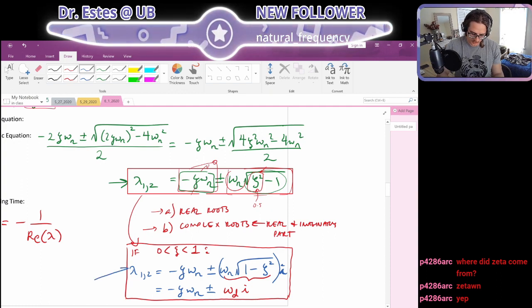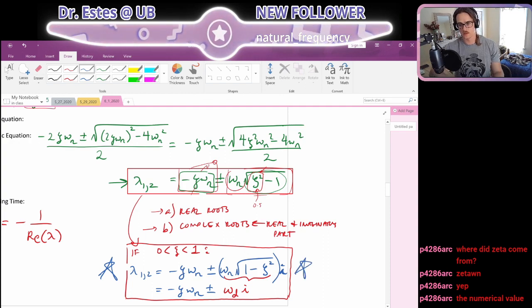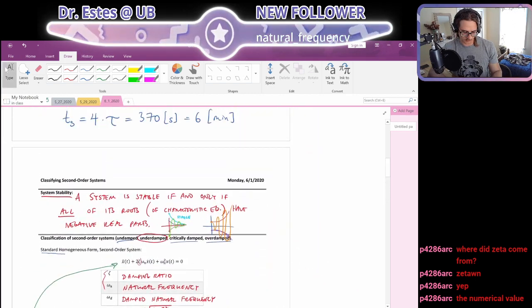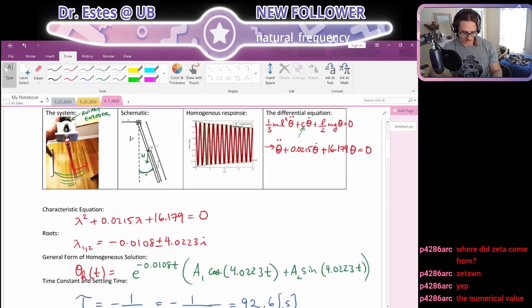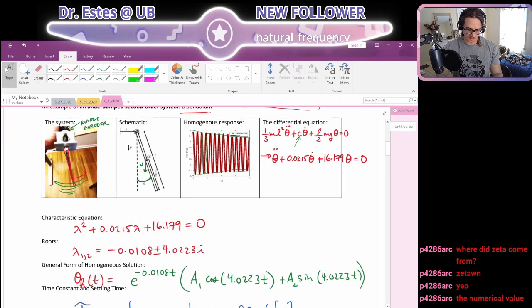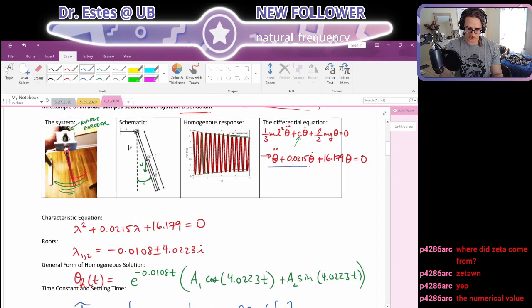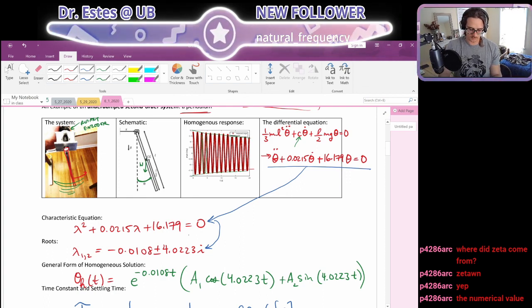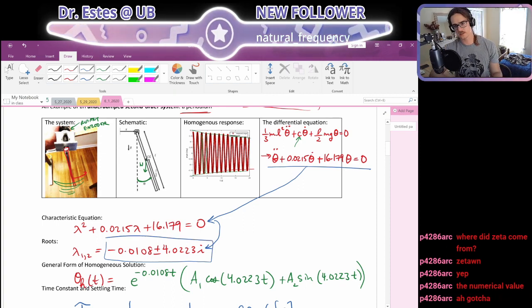Or actually, I used this one. Oh, where'd the numerical value come from? That came from here. So I had the differential equation for the pendulum, and then I got the characteristic equation, and then I got the roots. So this is what I brought down there. Does that answer your question? Okay.